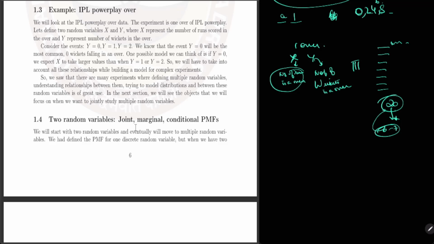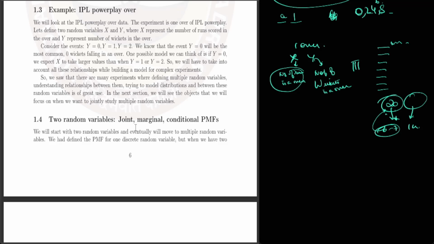So in an over, the chances of a wicket not falling are more than the chances of a wicket falling. And then, okay, one wicket can fall in an over, the chances of which are more than the chances of two wickets falling. You have to take into account all these relationships while building a model for complex experiments.